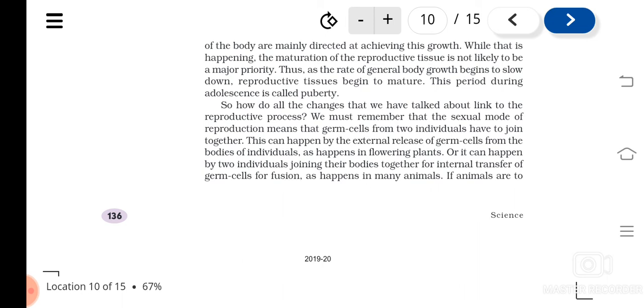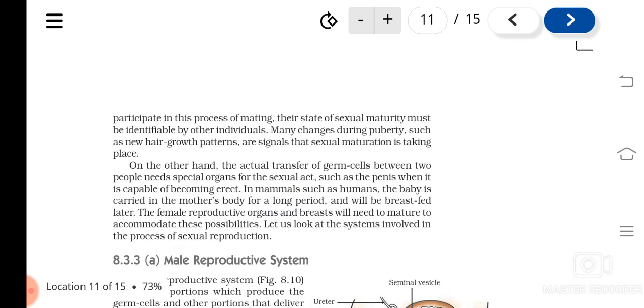Like pollination we studied in plants, where pollen grains are brought to the stigma by different agencies, in sexually reproducing organisms there should be some mode to transfer the sperms into the female's body. Understood? For this, the organs of the body should be able to do this transfer.